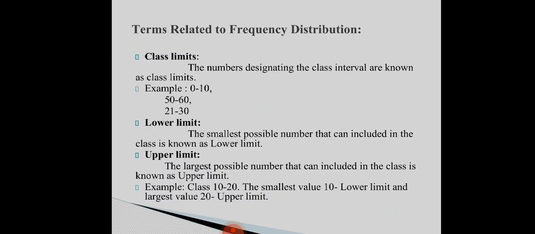The lower limit is the smallest possible number that can be included in the class, and the upper limit is the largest possible number that can be included in the class. So for the class 0 to 10, 0 is the smallest number, that is the lower limit, and 10 is the largest number, that is called the upper limit.